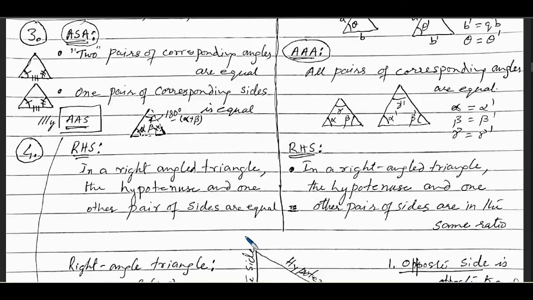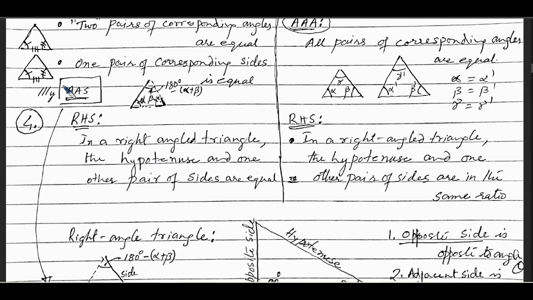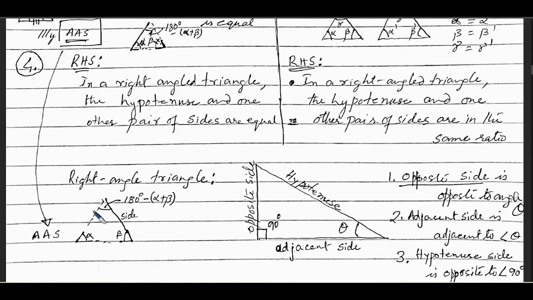And in congruence you have again angle, angle, side also. So in angle, angle, side, I have just blown it up here. Suppose this is one angle given, this is another angle given here, and one side is given. If I join this here, then I know that alpha plus beta plus this angle should be 180.